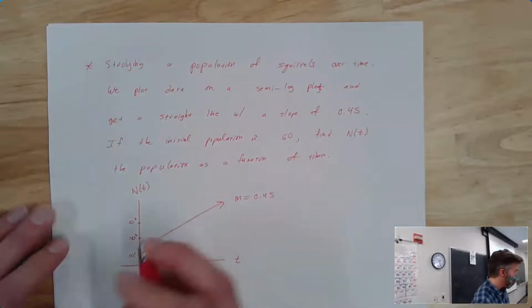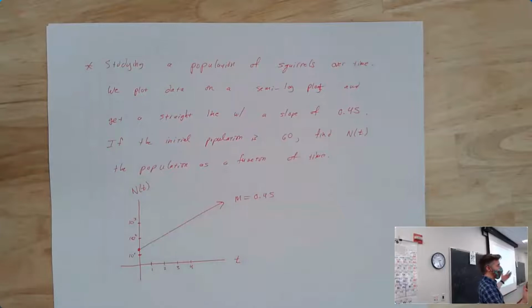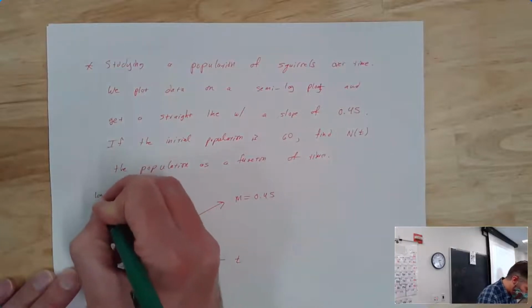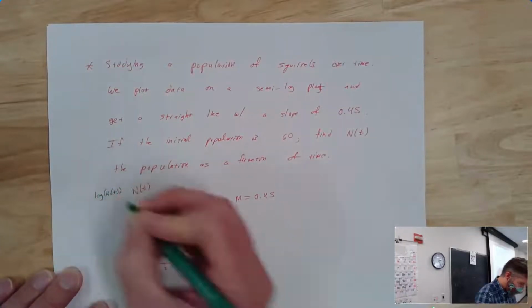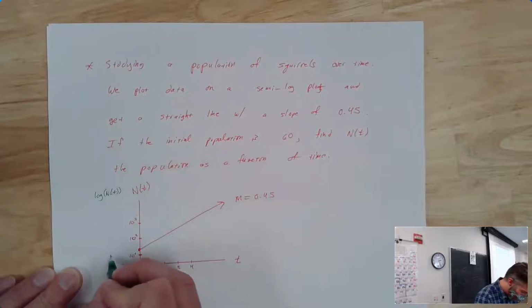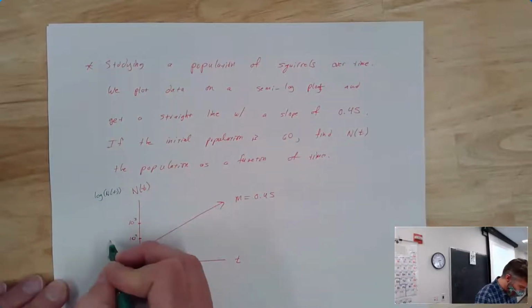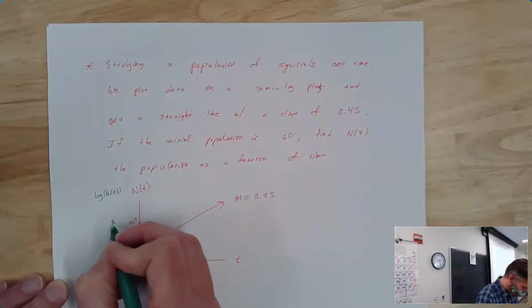And those are your n or your population or whatever your output values are. But if you were thinking about labeling it with the log values, right? If we look at log of n of t, well, log of 10 is 1, and log of 10 squared is 2, and log of 10 cubed is 3.